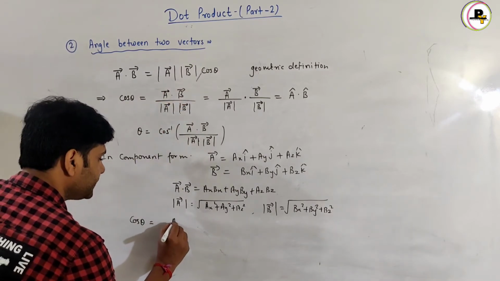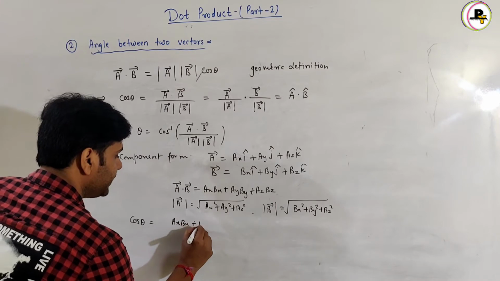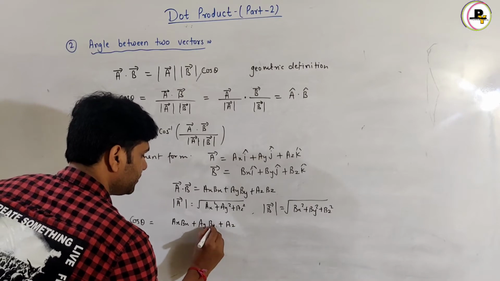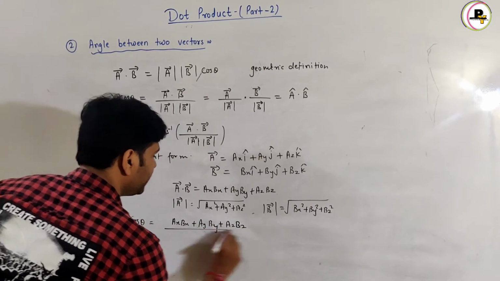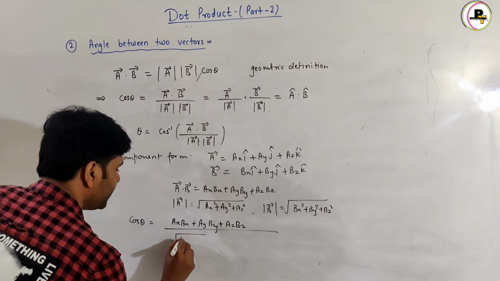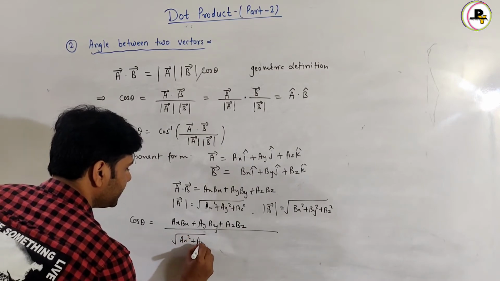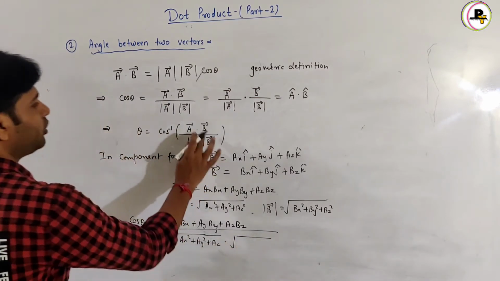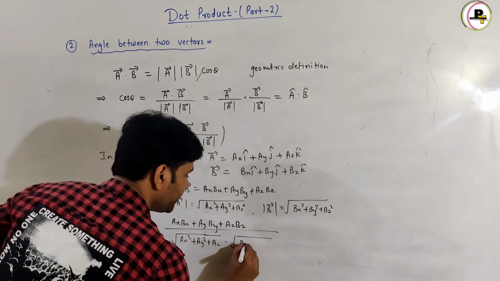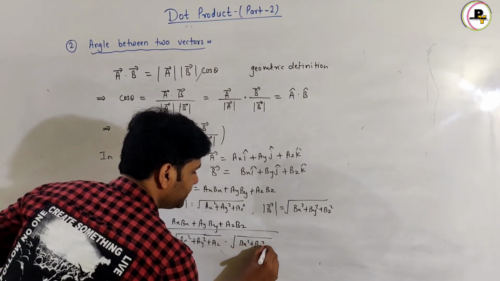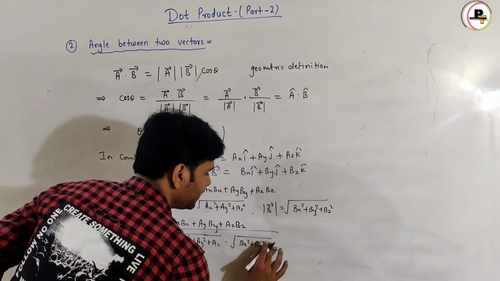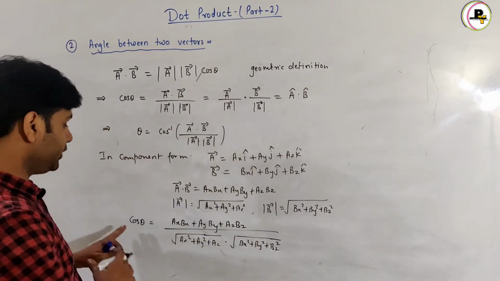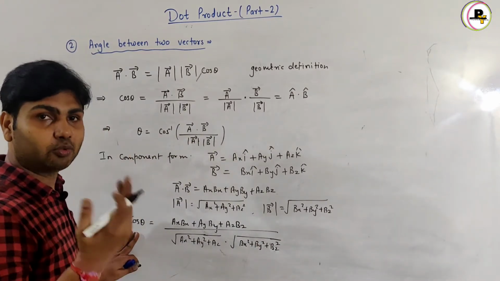It is ax bx plus ay by plus az bz divided by square root of ax square plus ay square plus az square into square root of, what is mod of vector b, it is bx square plus by square plus bz square. So using this formula I can also calculate cos of theta, hence I can calculate the value of theta. If I know cos theta, then I can easily calculate what is theta.